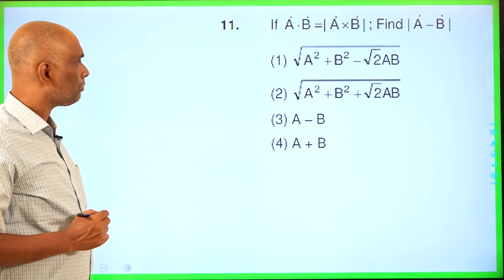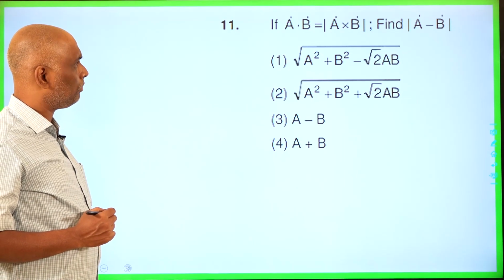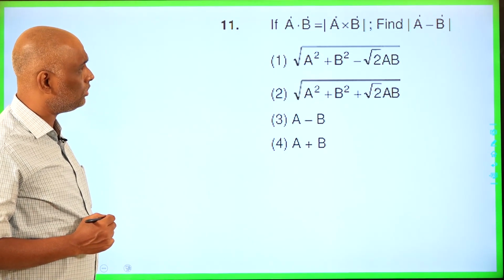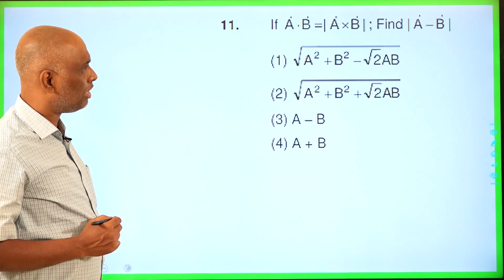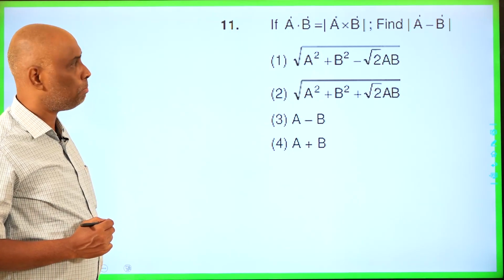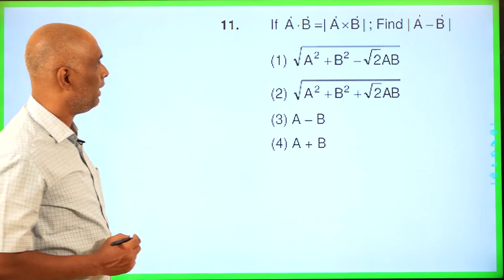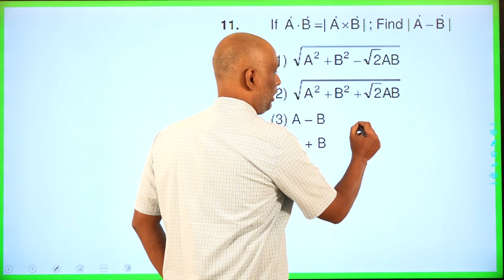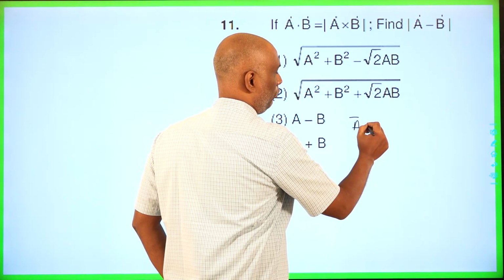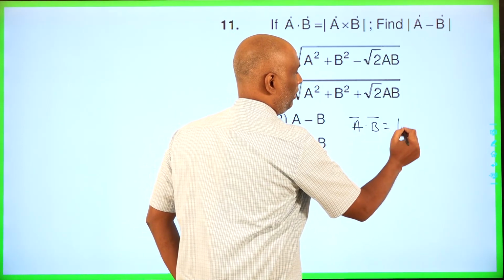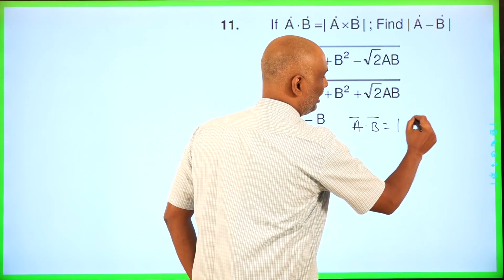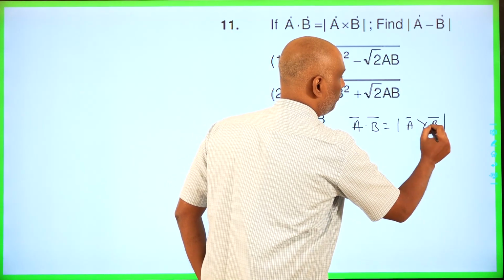11th question. If A bar dot B bar is equal to mod of A bar cross B bar, find mod of A bar minus B bar. So, here it is given that the dot product of two vectors is equal to the magnitude of the cross product of the two vectors.